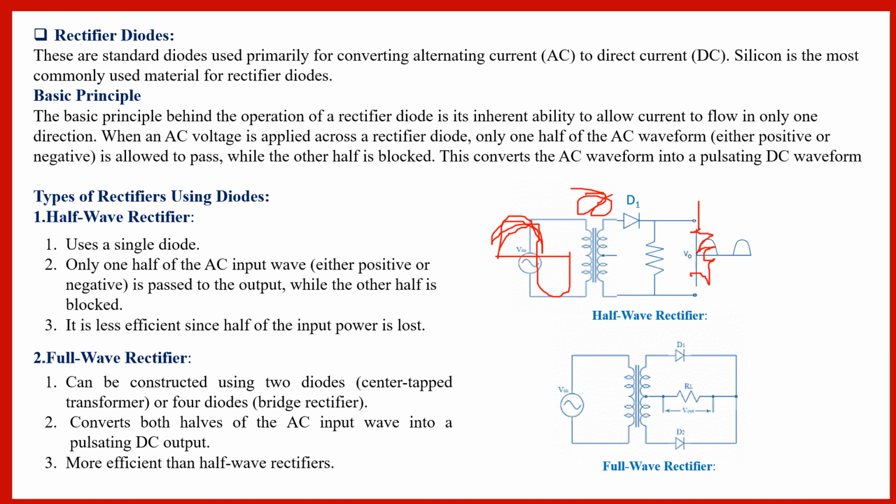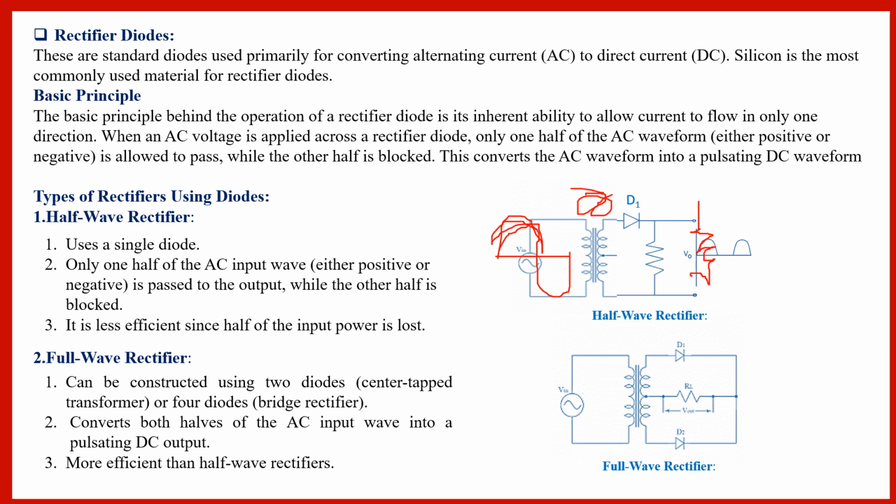For the positive half cycle of the input voltage, one diode supplies current to the load, and for the negative half cycle, the other diode does so. The current is always in the same direction through the load. Therefore, a full wave rectifier utilizes both half cycles of the input AC voltage to produce the DC output.